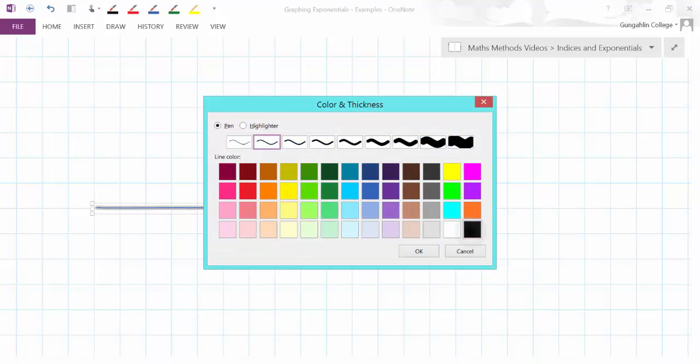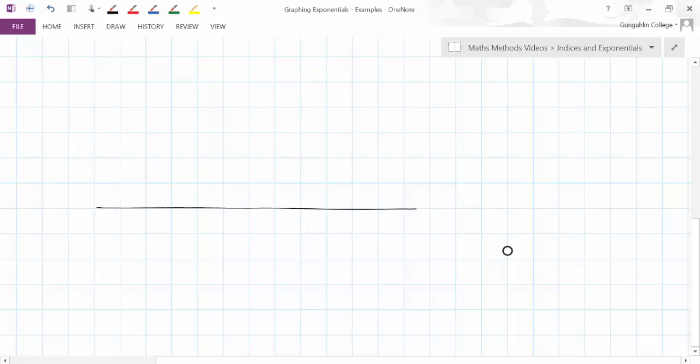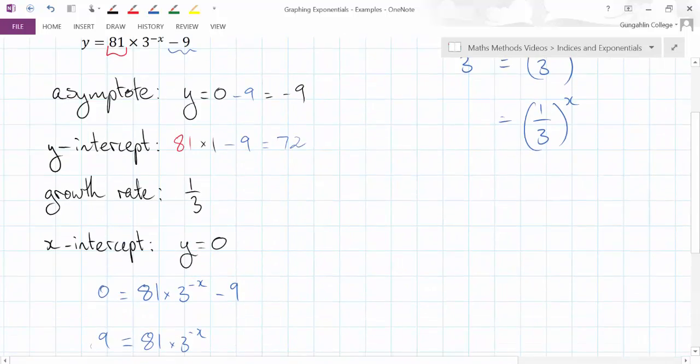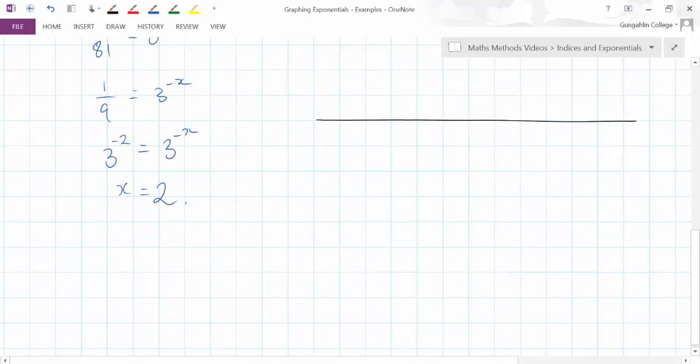So once again, I'm going to get my ruler out. I'm going to do my best possible attempt at sketching this thing. Now I need to think about my positioning. Thankfully I can shift things up and down if I need to. I wanted that to be a black line. That's alright, because I can change the color. And I'll go this way as well. Now with this one, remember we need to leave space for a negative asymptote.